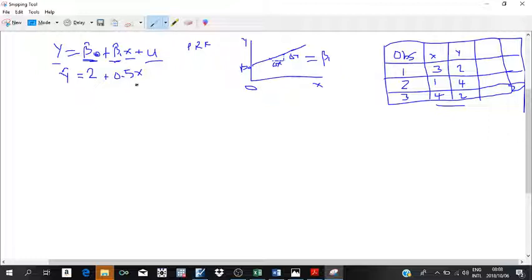So what it means is, for us to get the predicted value, we get it by adding our intercept to the product of our slope times the values of x. So we're going to take 3 and substitute it here to get the predicted value. This is the estimated value, the one that is predicted by our model.